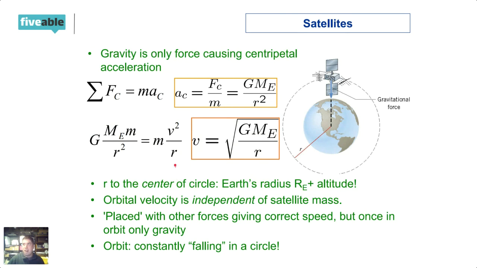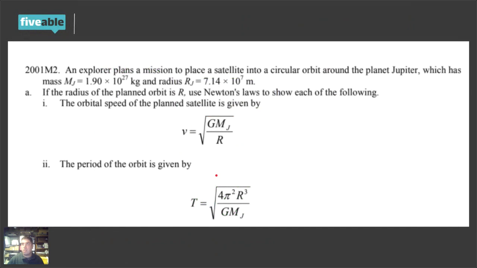But as far as where to orbit, this equation right here, using nothing more than Newton's laws, is all we need to do to say, if I want to have a given velocity, I need to have it at a given radius, and vice versa. All right. So speaking of that, let's do a couple questions.